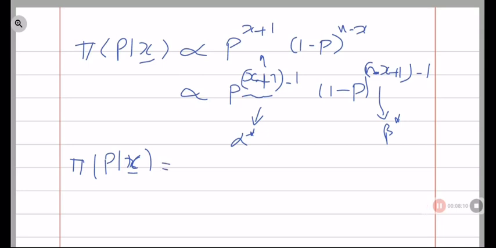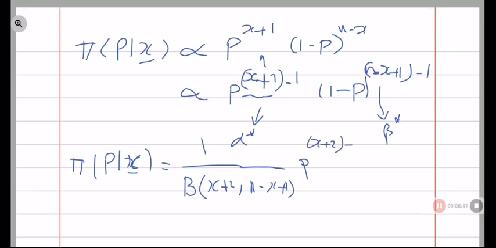That will be 1 divided by beta function of x plus 2 and n minus x plus 1, and then p to the power x plus 2 minus 1, 1 minus p to the n minus x plus 1 minus 1.